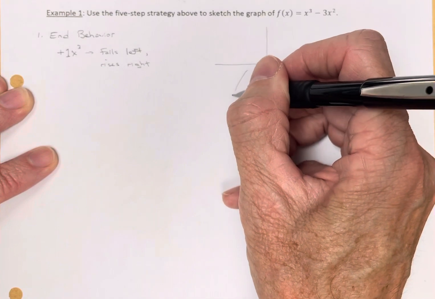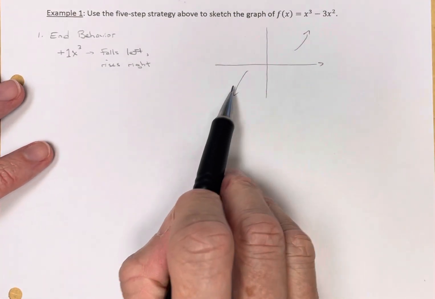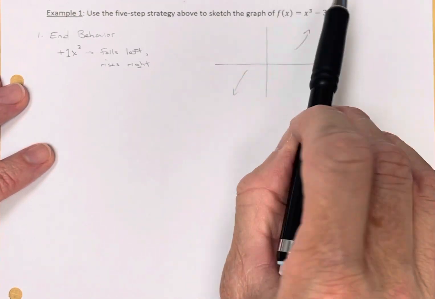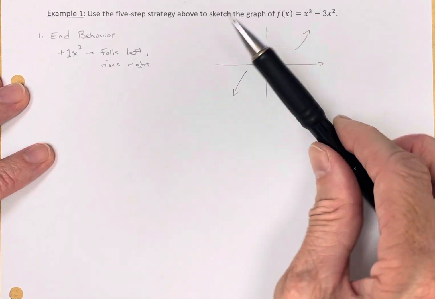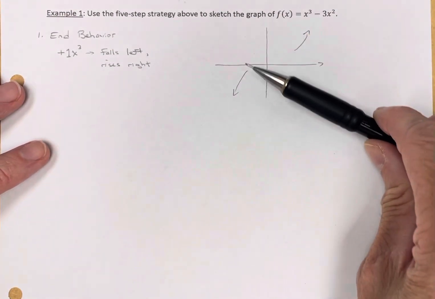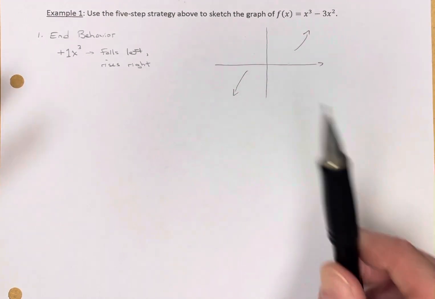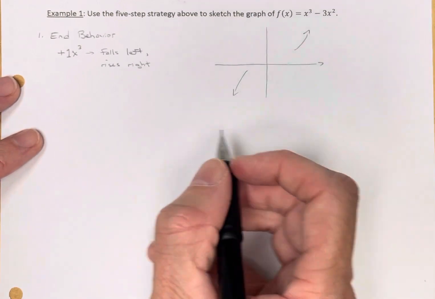It falls to the left and it rises to the right. I have no idea where these take place. They could be all to the right of the y-axis. Well, it's got to cross the x-axis somewhere, but it could fall starting up here someplace. I don't really know. I've just started a brief sketch.